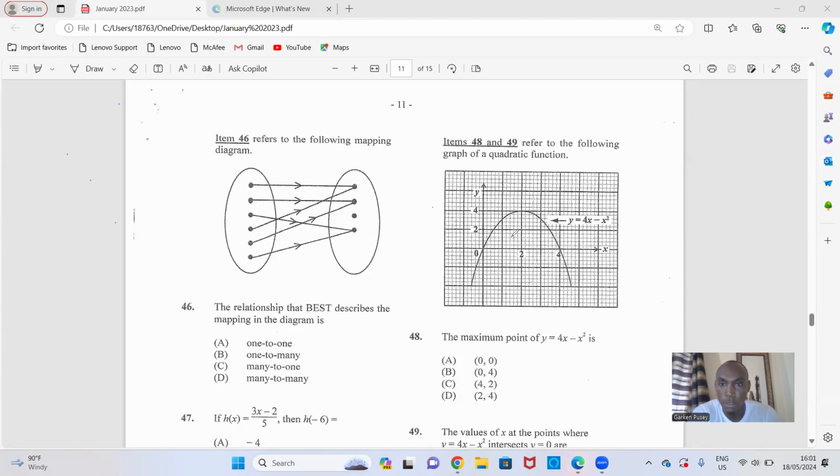The maximum point, okay, so the maximum point will be that turning point, this highest point right here. So this point right here, the x coordinate is 2 and the y coordinate is 4. So it's 2, 4. Not 4, 2, but 2, 4. That's the maximum point. When they ask for maximum or minimum point, you're looking for that turning point of the graph.